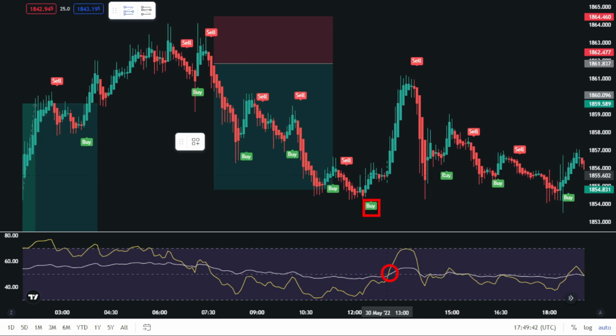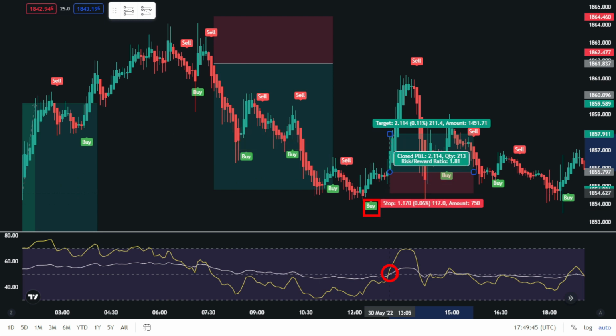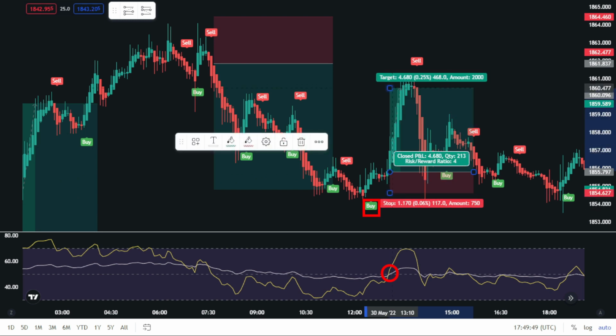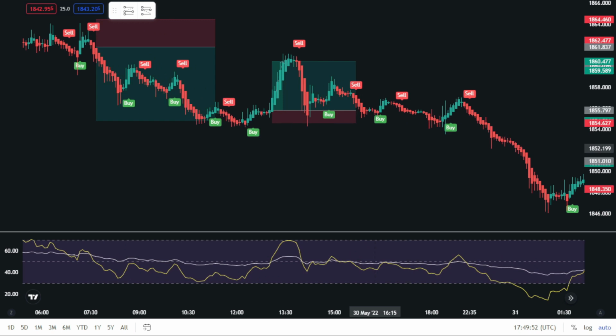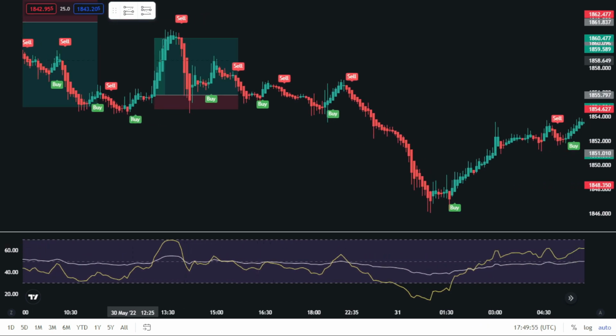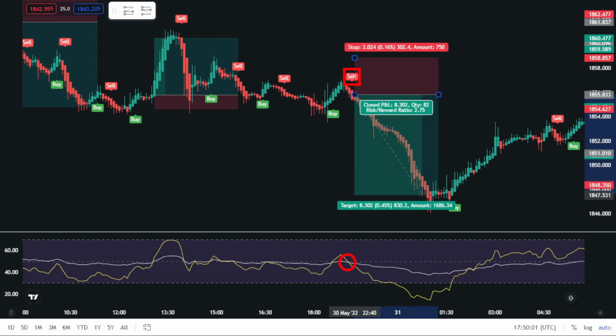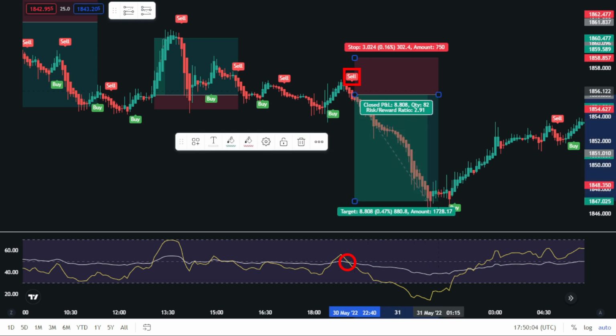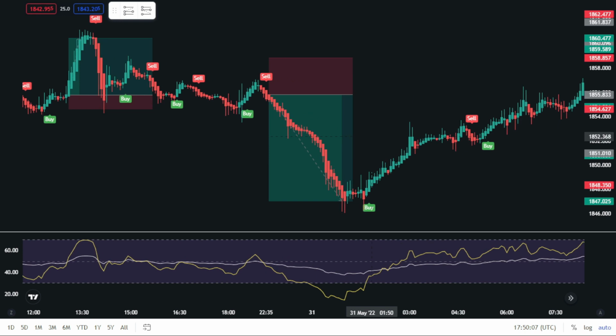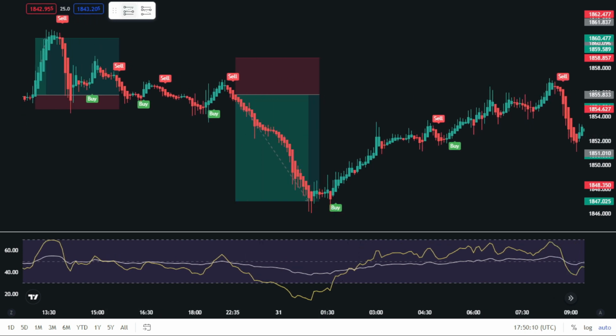Here we have a buy signal, and the cross between the two RSIs gives us the green light to enter a long position. And of course, it's a successful trade. The final one here, the sell signal and the RSI confirmation is all we need to enter this trade, and we simply collect our profit.